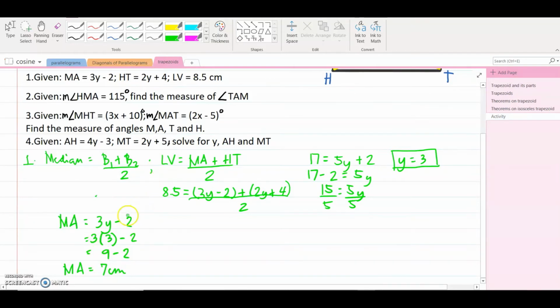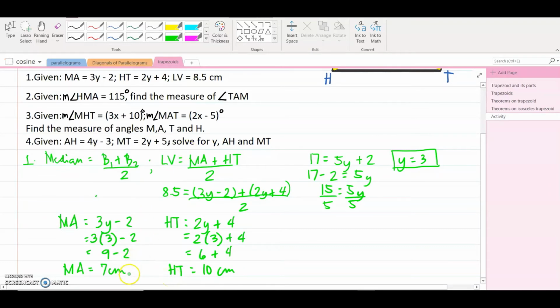Next, for HT, you have 2y plus 4, 2 times 3 plus 4, 2 times 3 is 6 plus 4, so line segment HT is 10 centimeters.